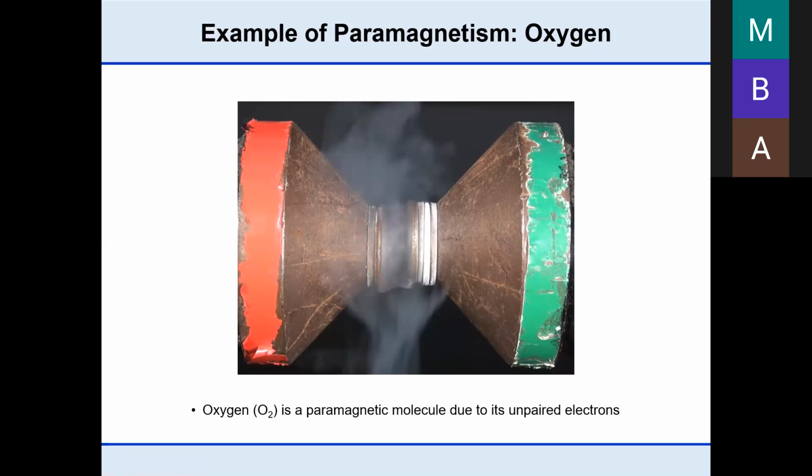Because of this, if you cool the oxygen down enough, and you apply a strong enough magnetic field, the oxygen will appear to be attracted to the magnetic field. That's illustrated here in the picture, where we have a little puddle of liquid oxygen suspended between the two poles of a powerful magnet.